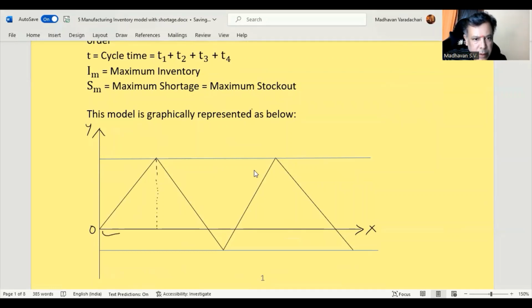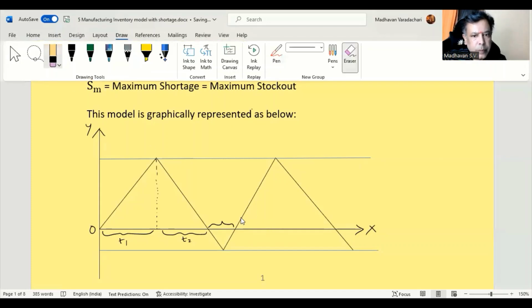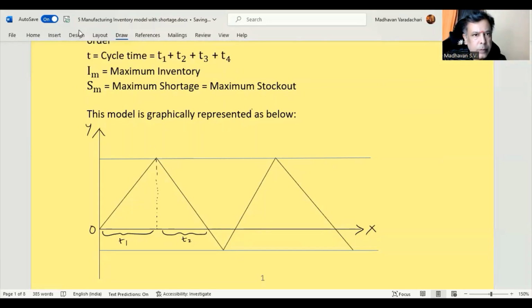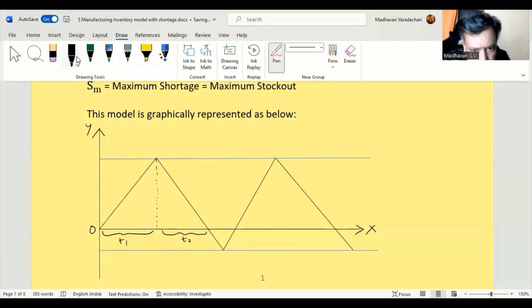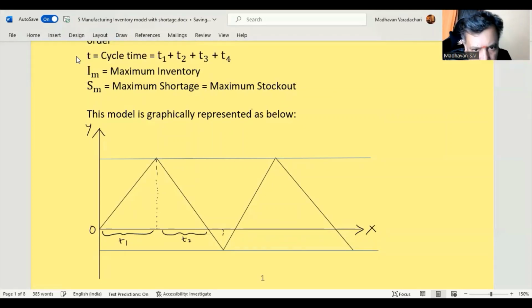This is our time period T1. This is our time period T2. Sorry, I should split that also. So this is our T3, this is our T4, means this portion is T3, this portion is T4.